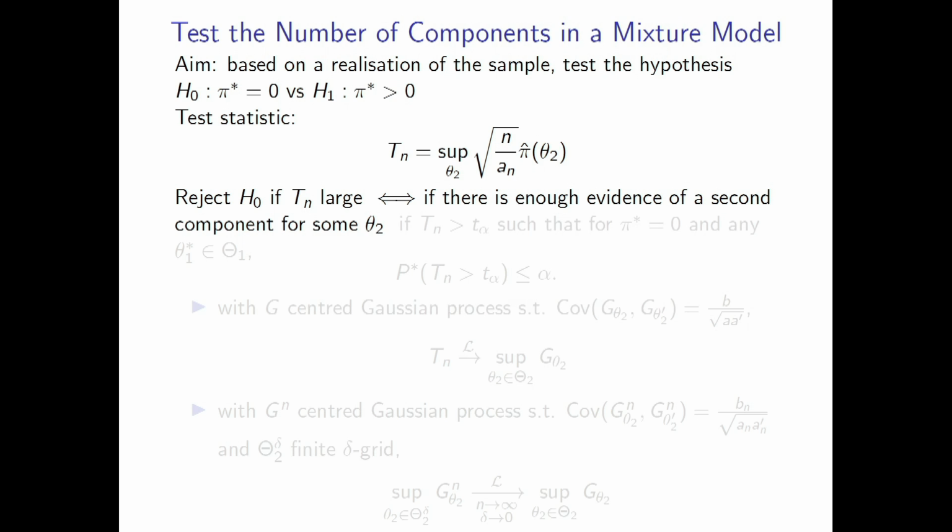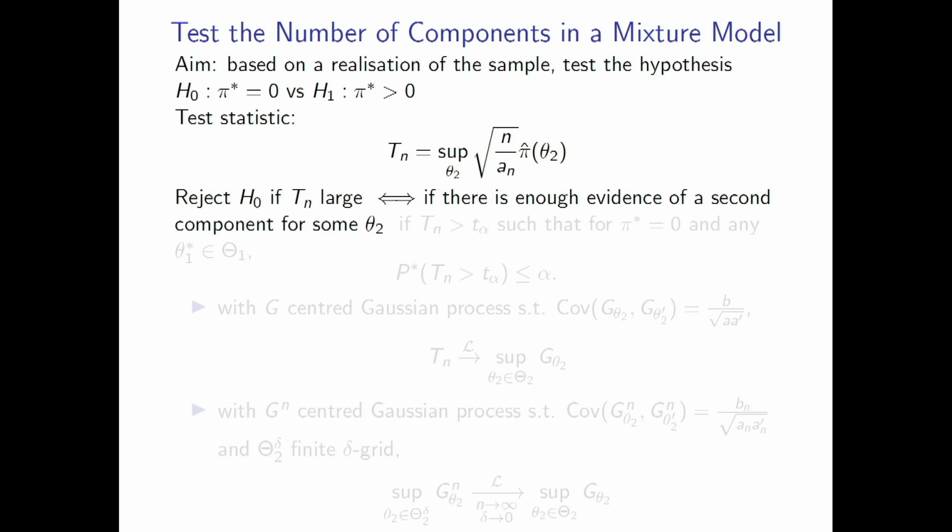Instead of trying to estimate theta 2, which actually does not make sense if pi star is 0, because you're estimating a value which just does not exist, you can say, okay, for each θ2, I'm trying to decide if my test says there is a second component with this θ2.